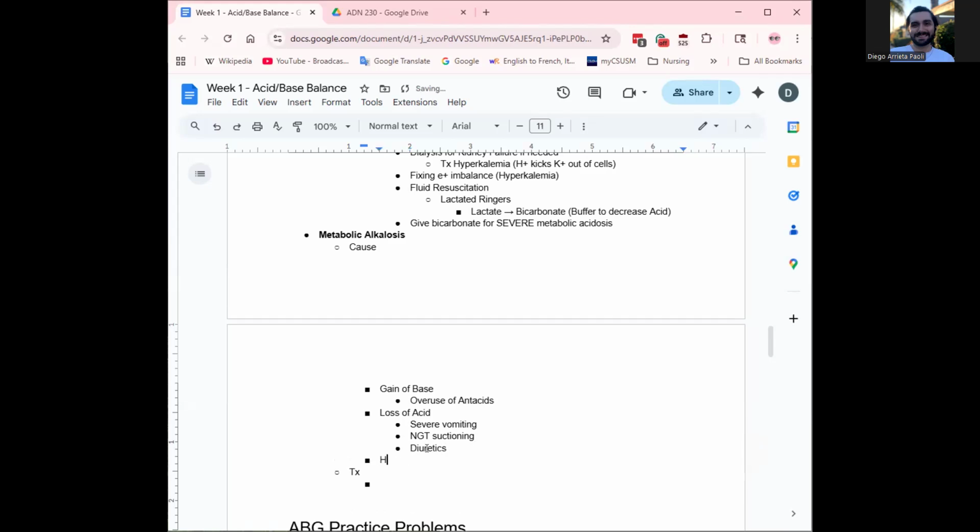It's a cycle. Hypokalemia can lead to metabolic alkalosis and vice versa. Just shifts in the ions.